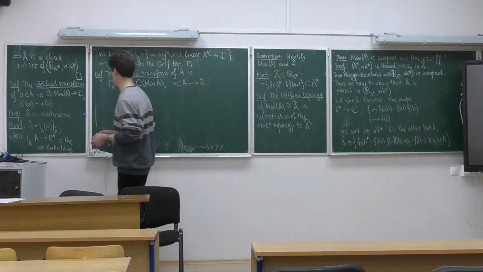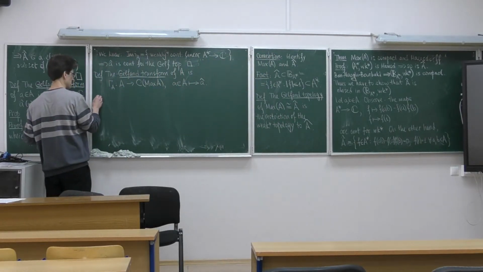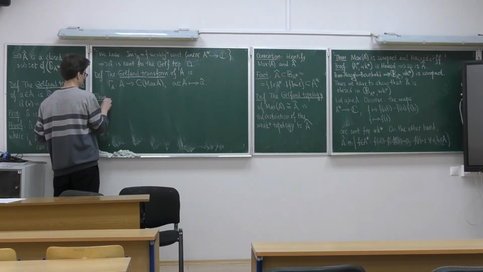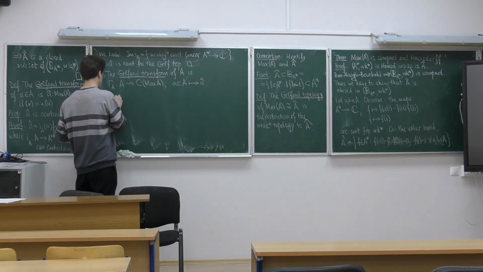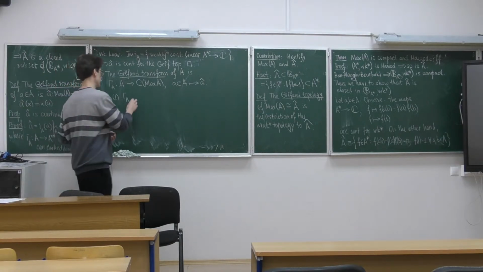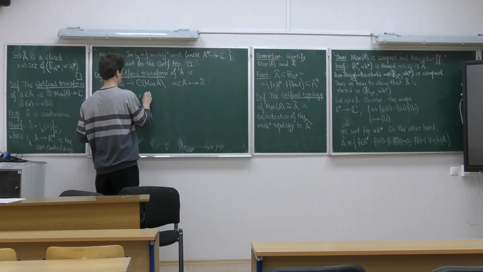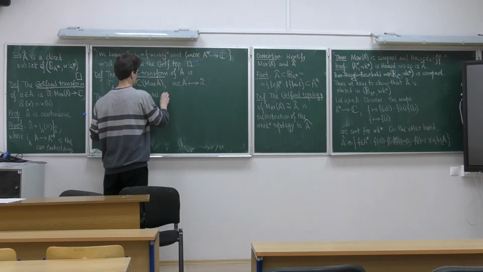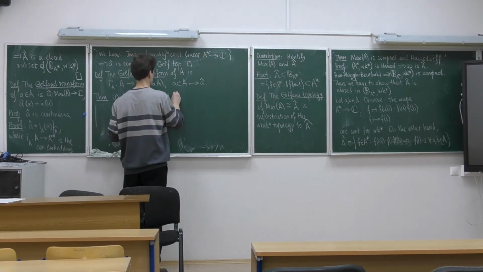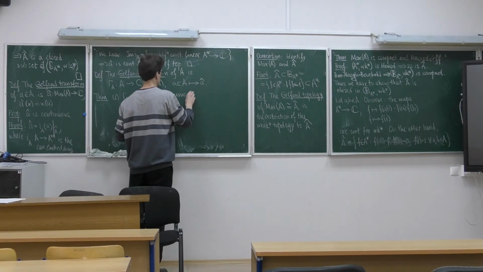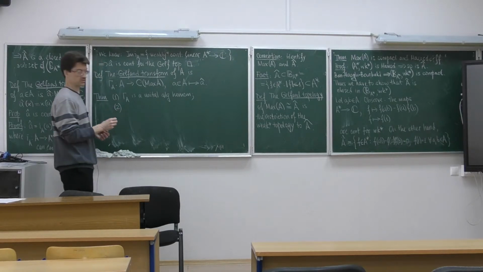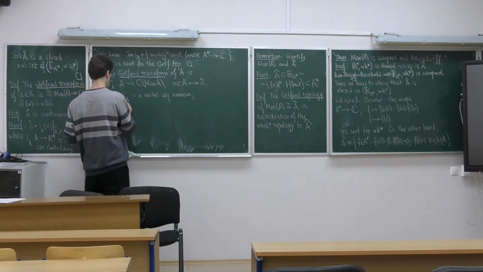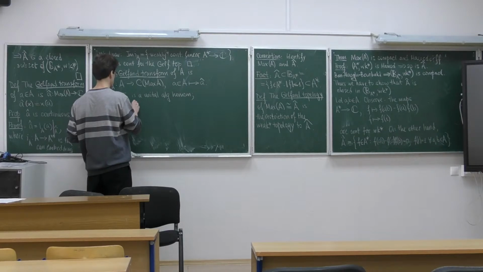Let's now look at some basic properties of the Gelfand transform. So we have the following theorem. First of all, the Gelfand transform is a unital algebra homomorphism. Second, it is bounded, and moreover, the norm of gamma is 1.